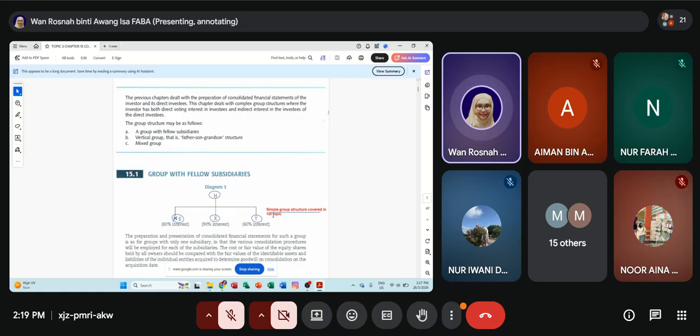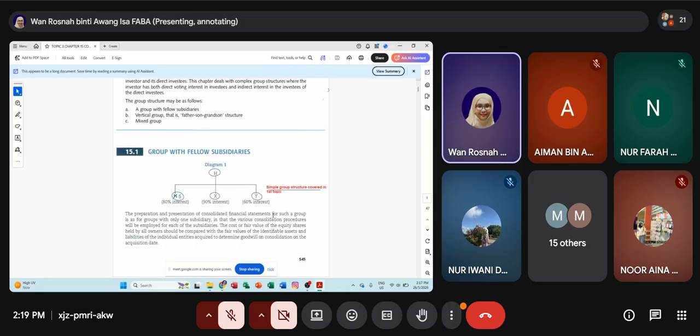In this horizontal structure, the holding company has the responsibility to prepare a consolidated financial statement for the group. Normally we cover only one subsidiary, but now we have more subsidiaries. In real life, a holding company will have many subsidiaries.